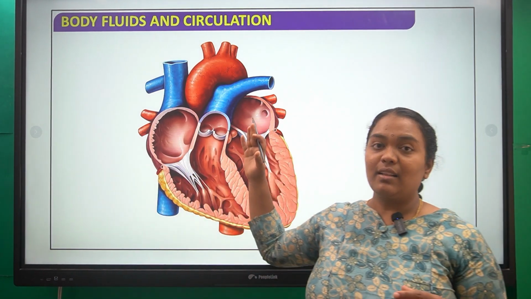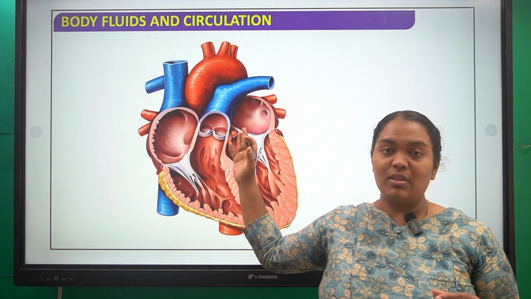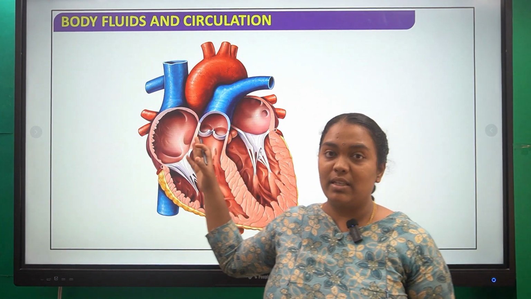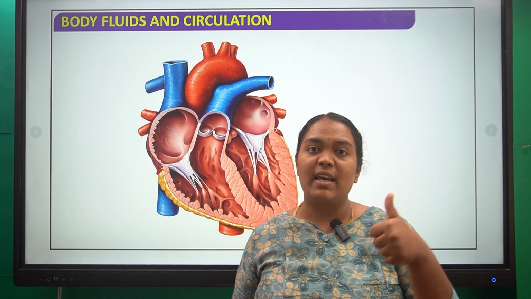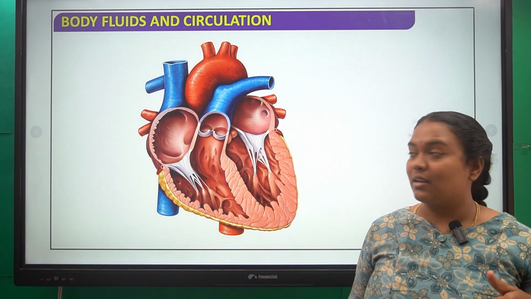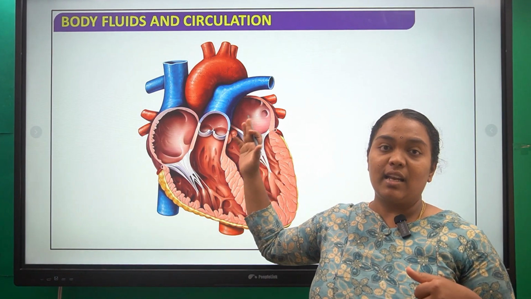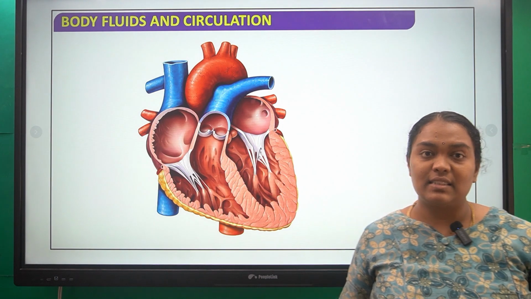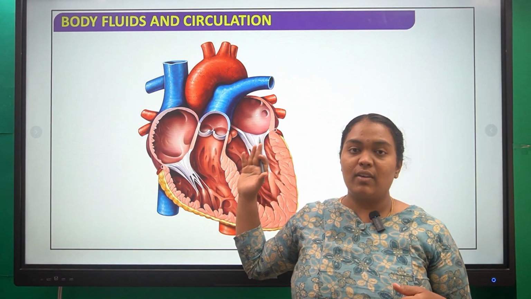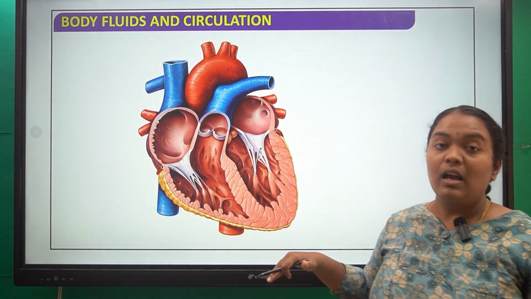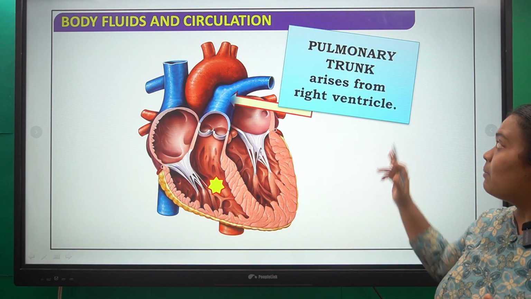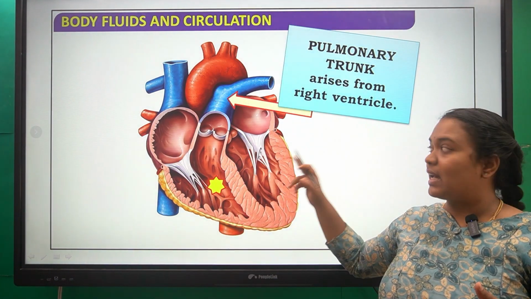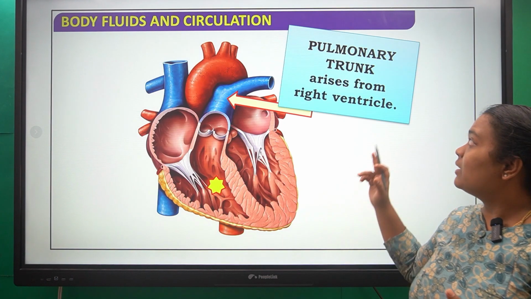As it is getting the blood from the lungs to the atrium, it is called the pulmonary trunk. And if the atrium is receiving blood from the entire body, the systemic circulation, that opening is called the systemic trunk.